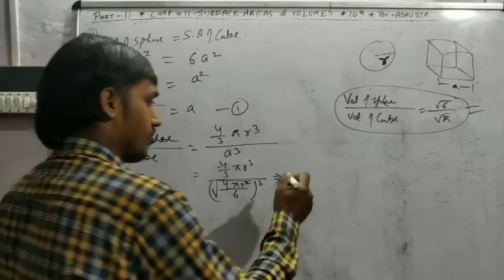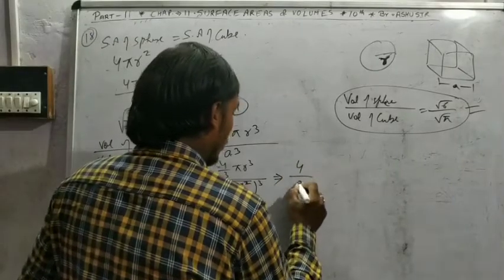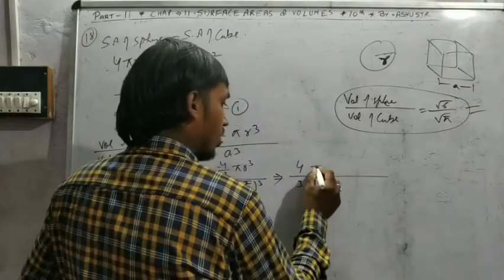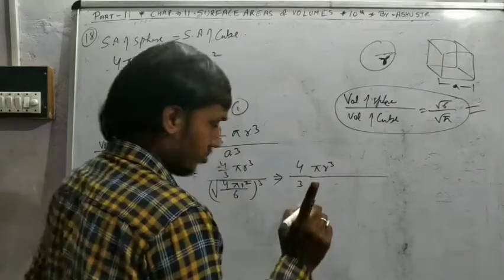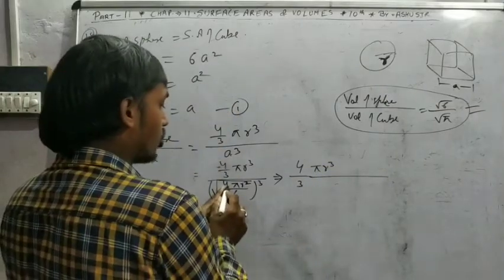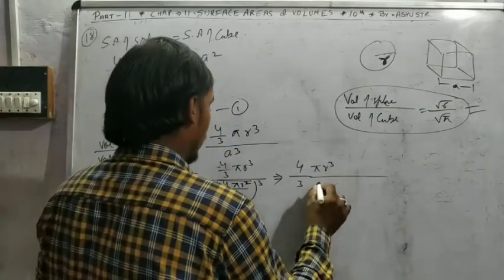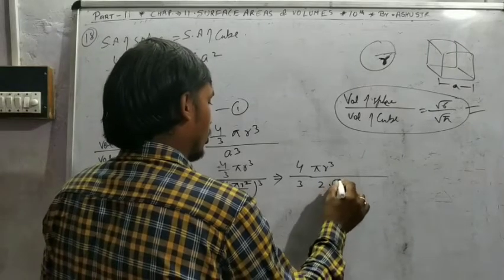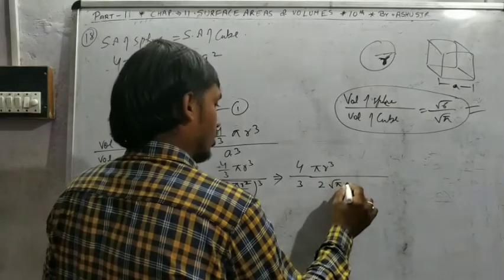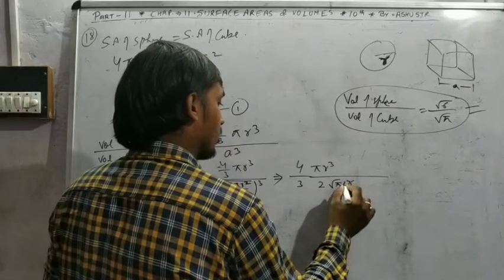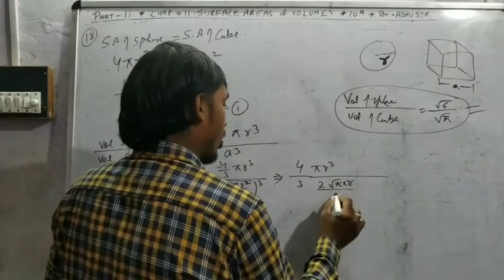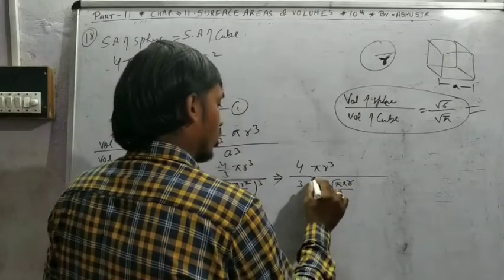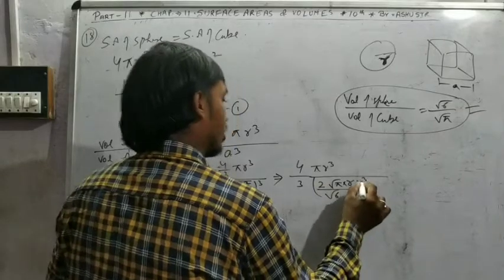Then 4 by 3 pi r cube. Then this root solves, so it means 2 root pi r upon root 6 whole to the power 3.